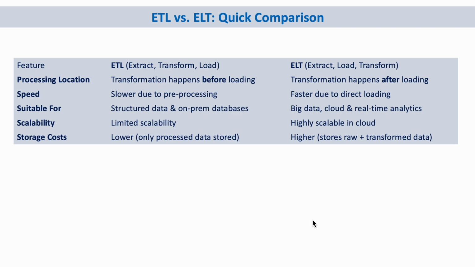But on the ELT side, the transformation is done in the data lake or data warehouse, so it will be much faster. Data warehouses and data lakes are mainly designed for massive parallel processing, so data transformation and loading will be much faster.